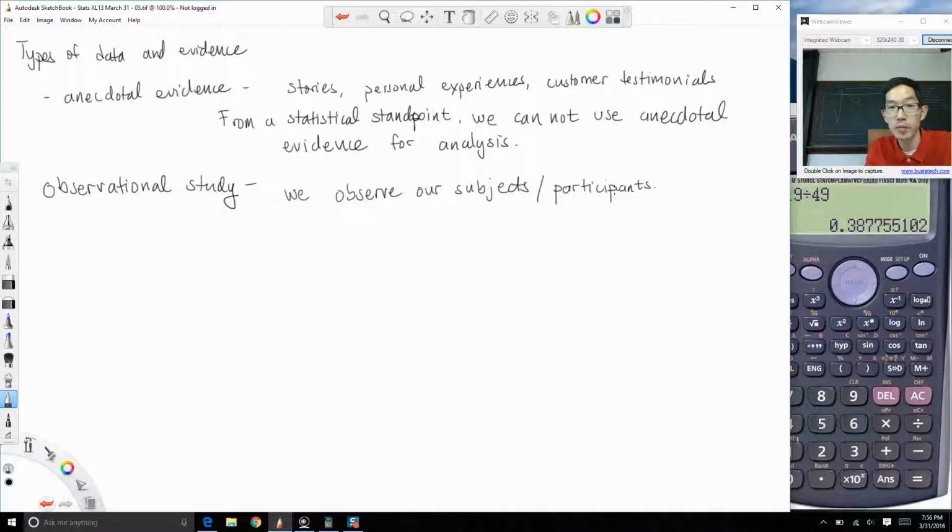We try not to interfere with the subjects, other than taking measurements.